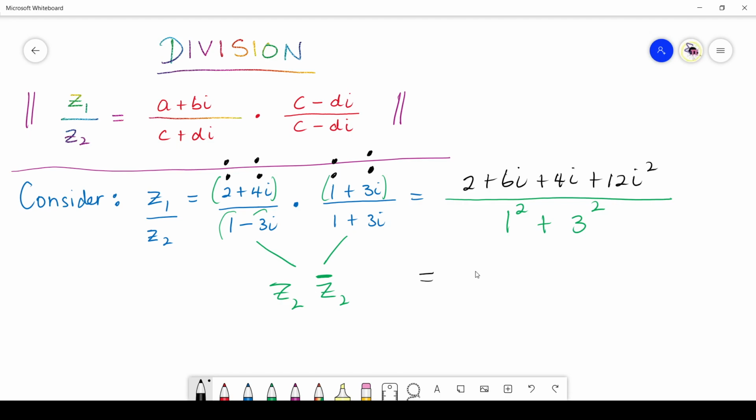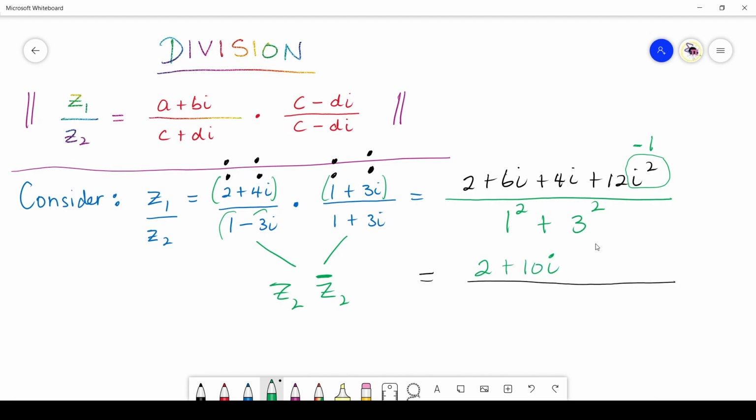So let's go ahead and clean up that numerator. So remember that i squared is -1. So we're going to have this 2. Okay, let's just write everything out. 2 plus 6i plus 4i gives us 10i.